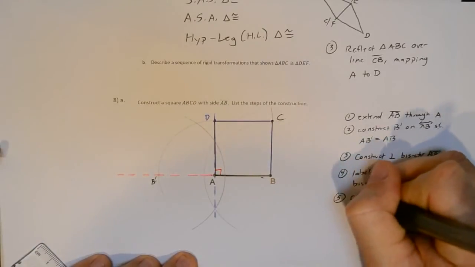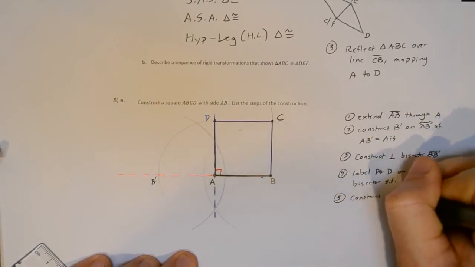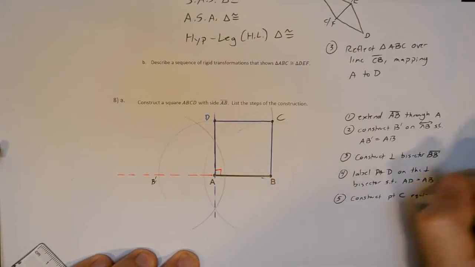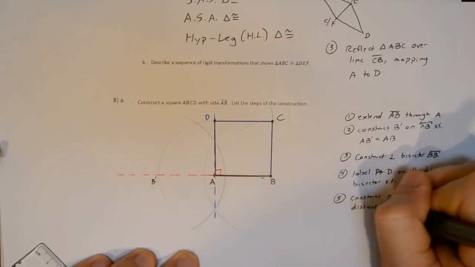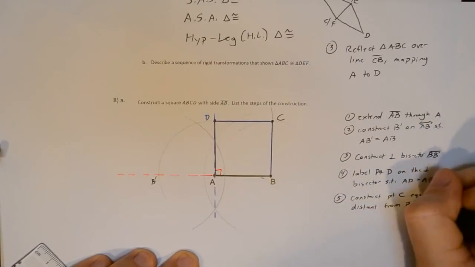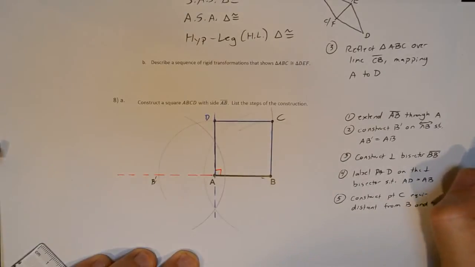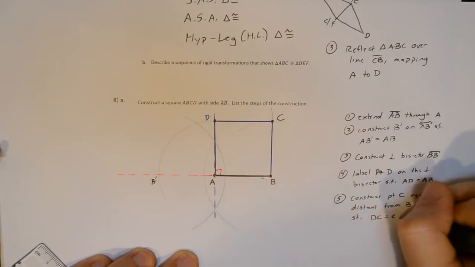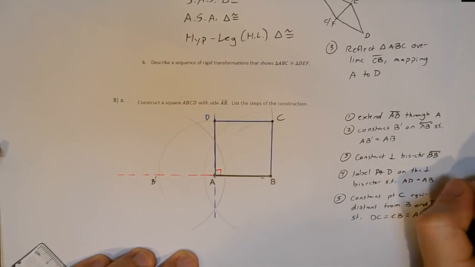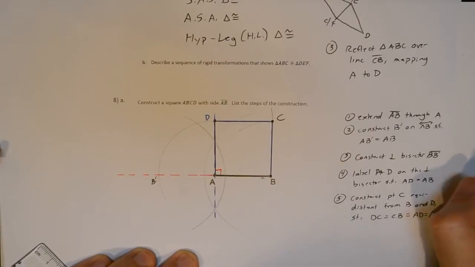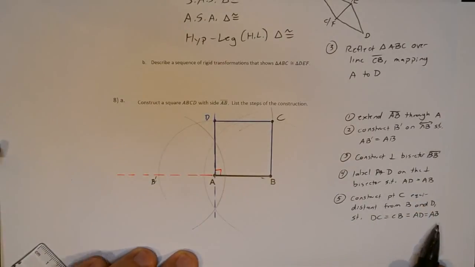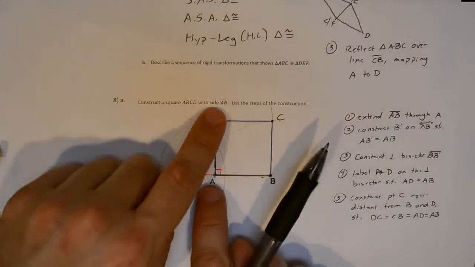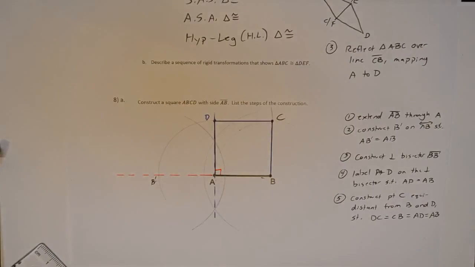Step 5, construct point C equidistant from B and D such that DC equals CB equals AB equals AD. So all four of my sides are congruent. And now I've got a square. Perpendicular bisector gives me the right angle, and by marking off those distances, I know that I have a perfect square.